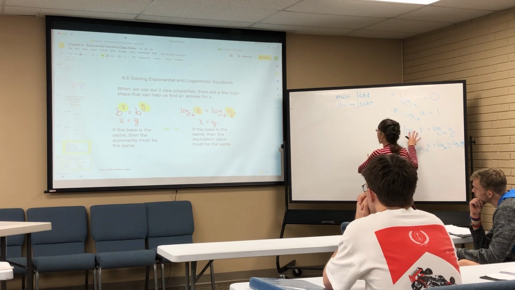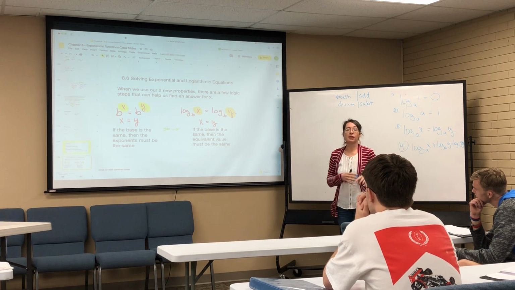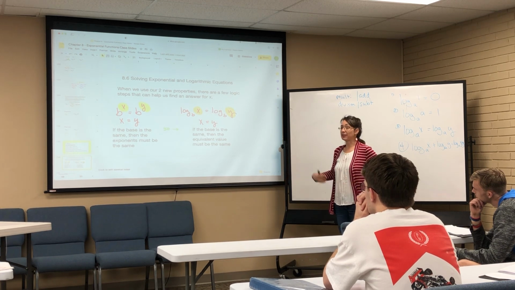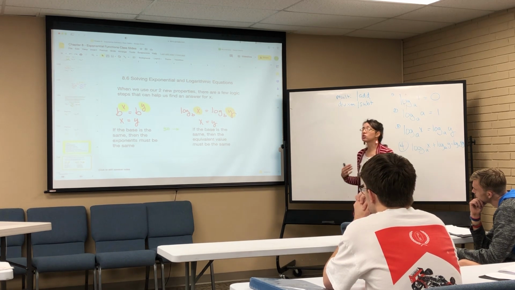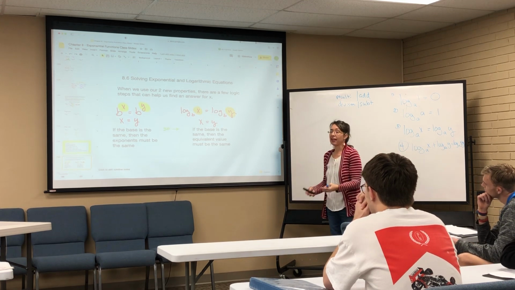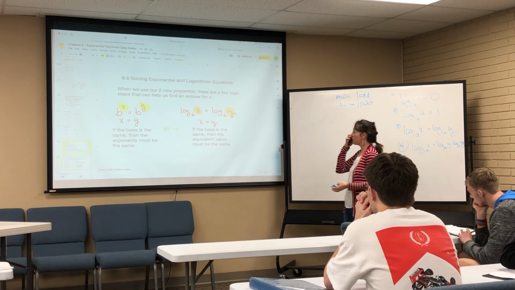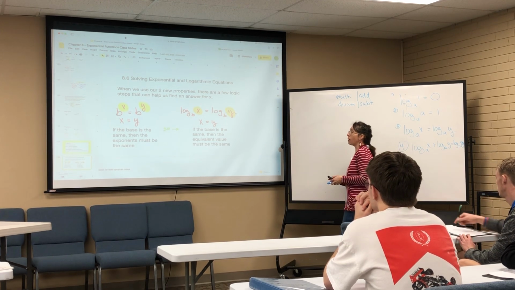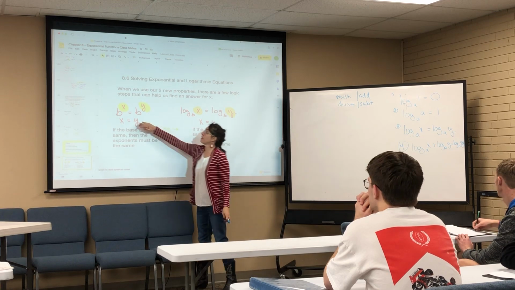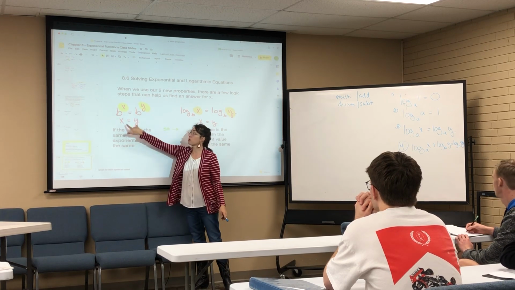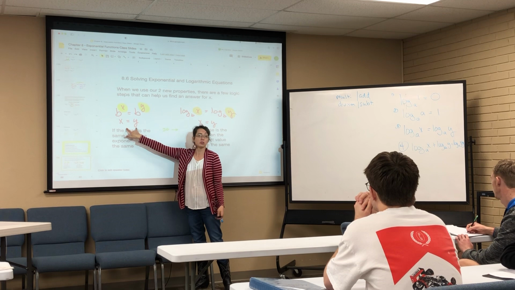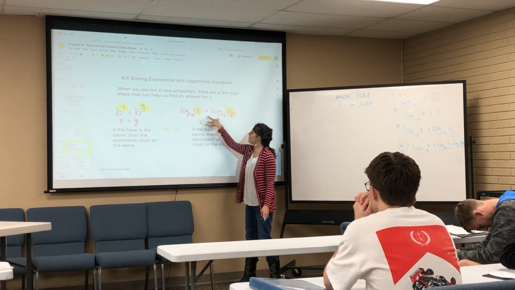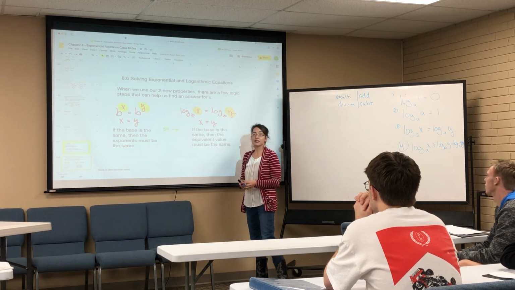So how do we take all of this? Because the whole point is to actually solve something, right? How do we take everything that we know and start actually finding an answer for x, finding those answers for y? So we know a couple of the rules. We know that when the bases were the same, the exponents have to match. That's logical, right, if they're going to be equal. We learned with logs that if the bases were the same, the x's have to match.